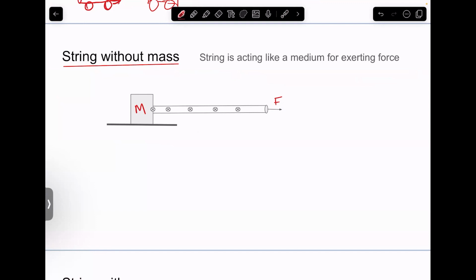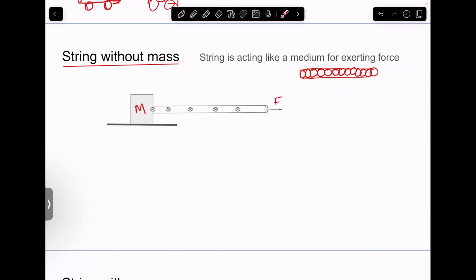Just like how I was explaining before, imagine this rope as a collection of particles like this. I'm only showing some of the particles here.